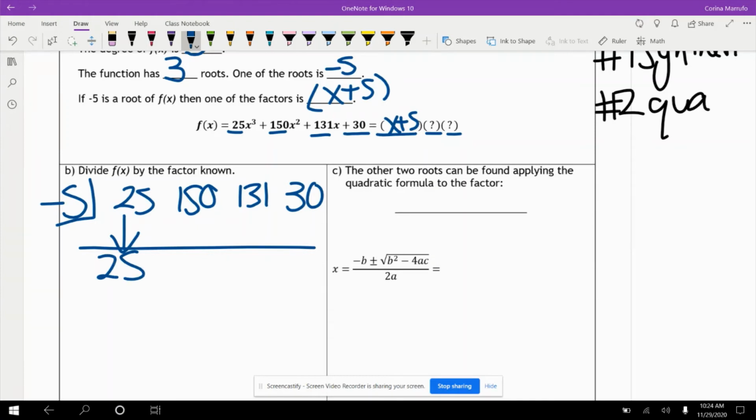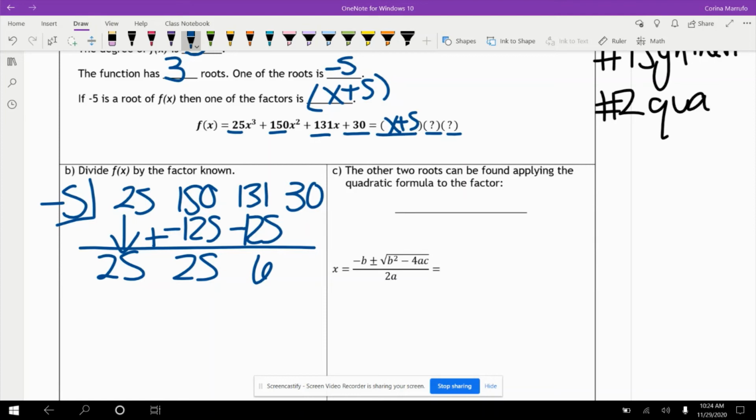And we multiply -5 times 25 gives us -125. We add 150 plus -125 gives us 25. Then we multiply -5 times 25 gives us -125 again. And we add 131 plus -125 is going to give us 6.